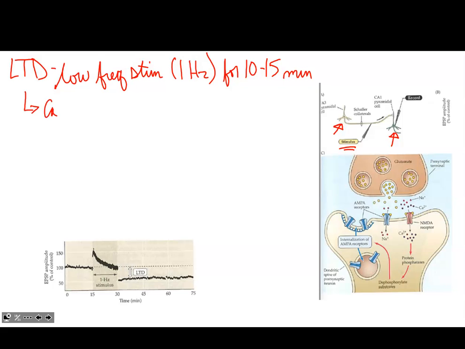Calcium rises based on this stimulus, but the rises are slower and smaller than what we see in LTP after HFS, okay? And so what this triggers, we think, are calcium-dependent phosphatases.